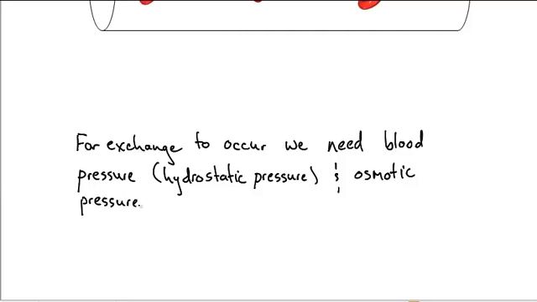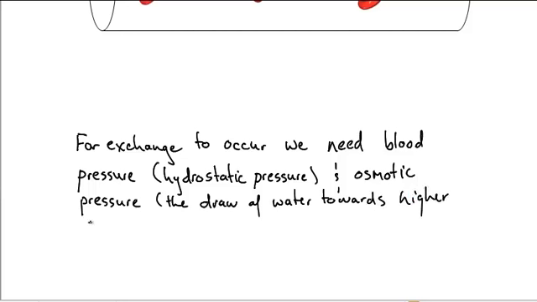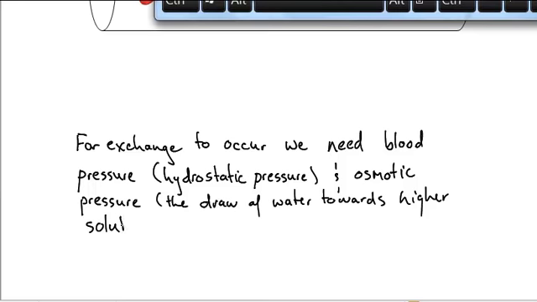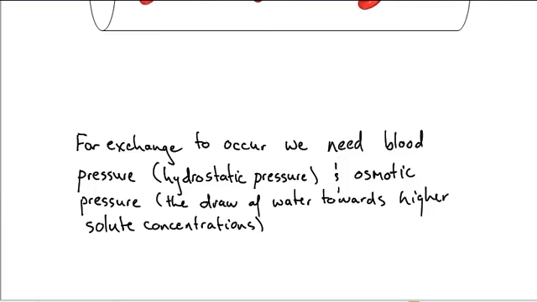Which is really the draw of water towards higher solute concentrations, which can be salt, but it can be proteins and other things. And depending on the combination of these two, it'll dictate which ways things flow in and out of the cell or out of the vessel.